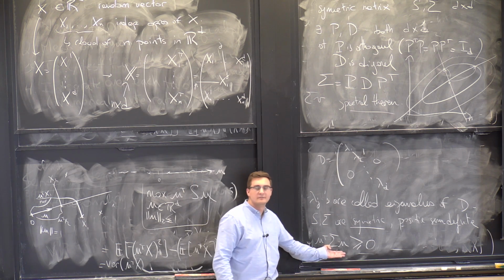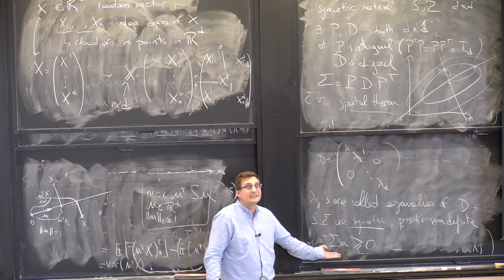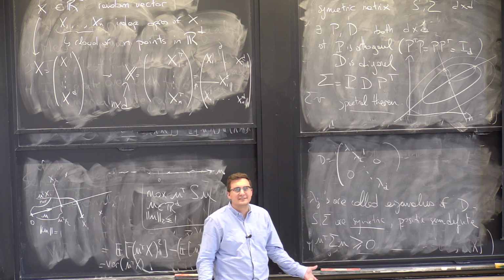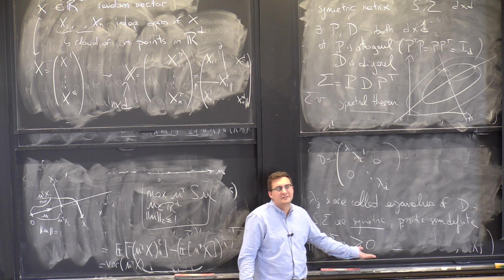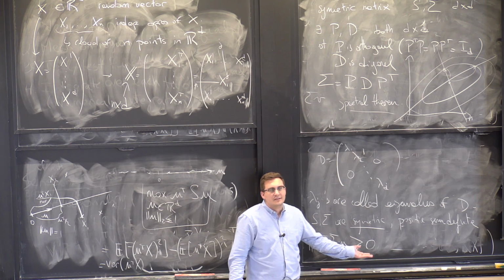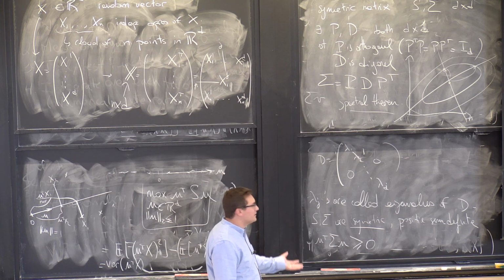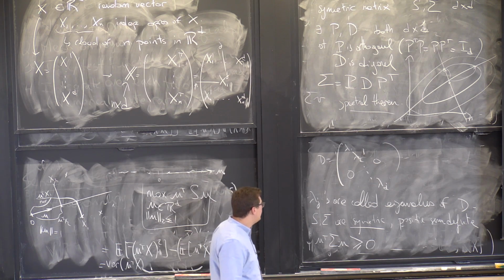What is this number? It's the variance of, and actually I don't even need to finish this sentence. As soon as I say that this is a variance, it has to be non-negative. We know that a variance is non-negative. So that's also a nice way to say that this thing is positive semi-definite because it's a covariance matrix. So I know it's a variance.